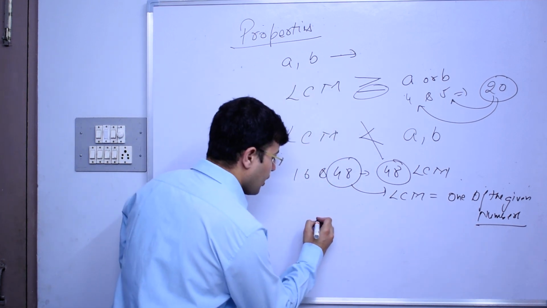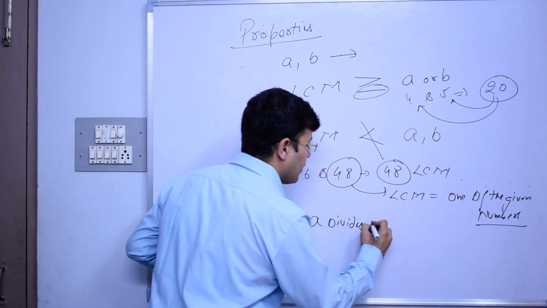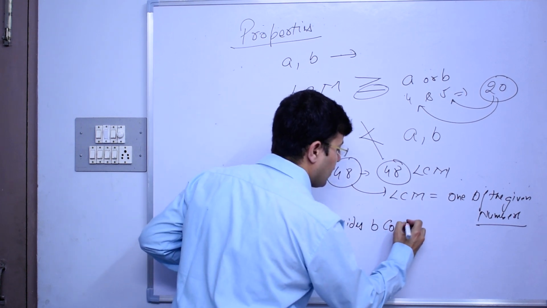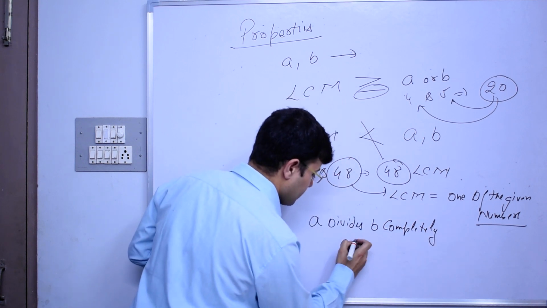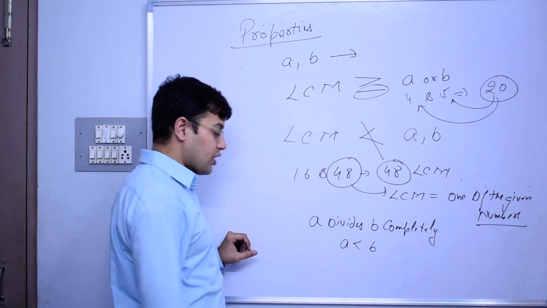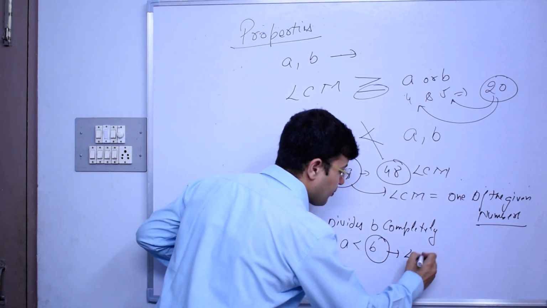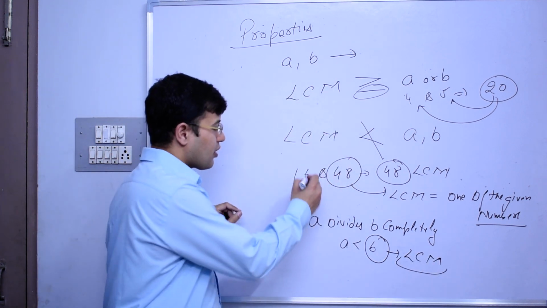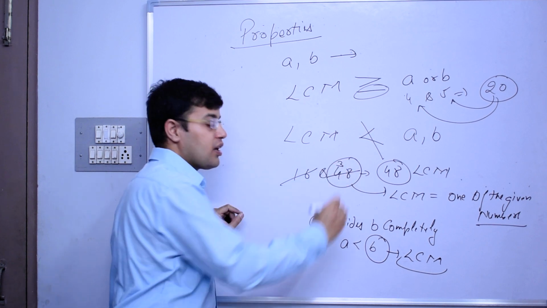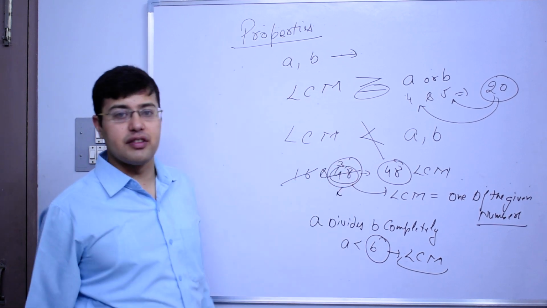So let's say if A divides B completely, this would say that A is smaller than B. Only then A can divide B completely. So then B will be my LCM. So even in this case you can say that A divides B completely, hence B will be the LCM.